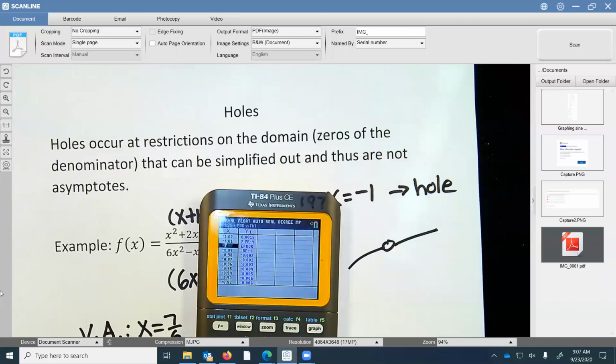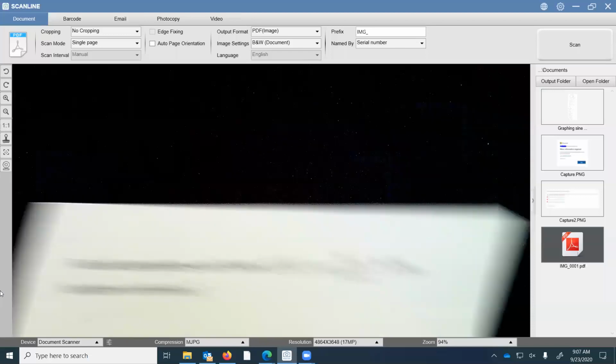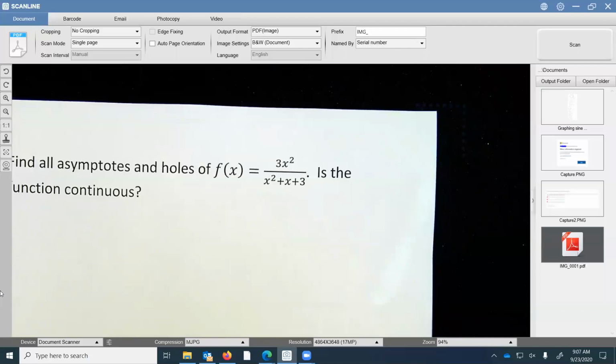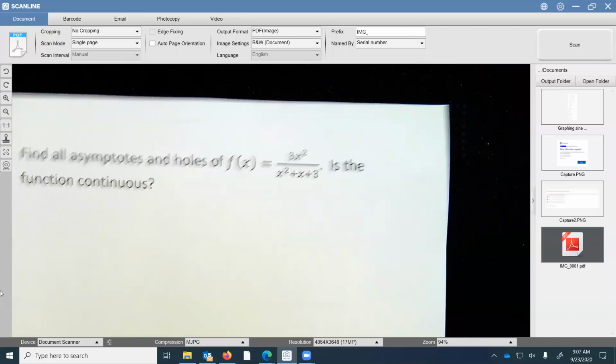Okay, two more. Let's see if you can do this one. Find all three.